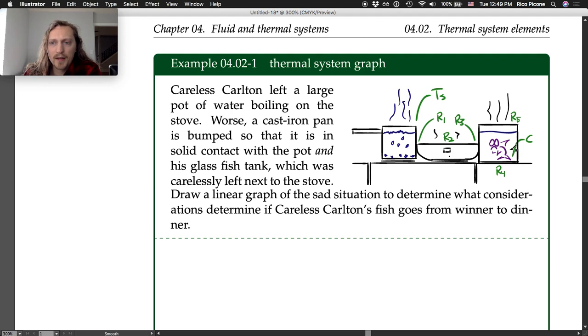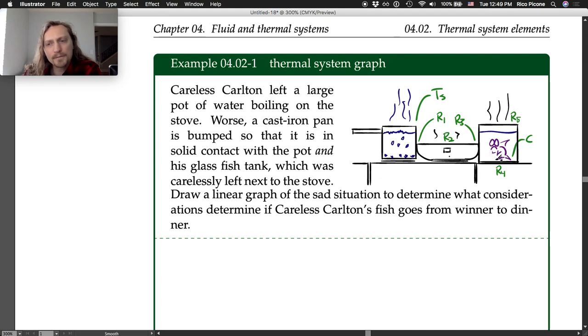Now, that body of water can hold a significant amount of heat. Potentially, so can this pan, although I didn't bother with a C on there, but we could potentially call that a thermal capacitance as well. But definitely the water, its temperature will rise.